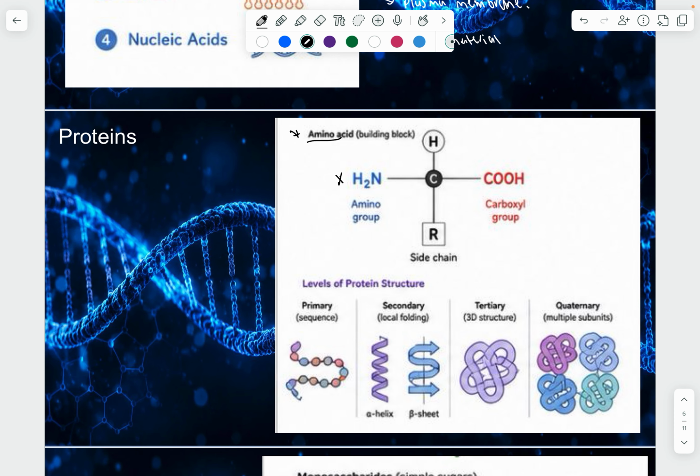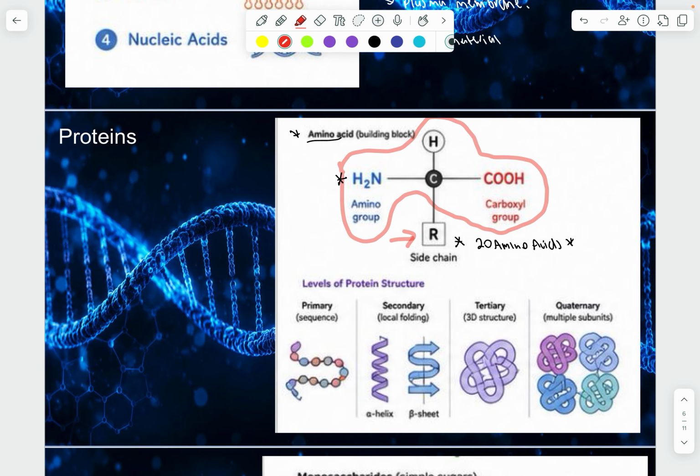You should know that there is an amino group, there's a side chain, there are 20 amino acids, so therefore you will have 20 different side chains, but the basis is the same, meaning this backbone is the same for all your amino acids, and then this is what changes. Your side chain is what changes. So if we were to look at a side chain that had an H, so say your R group was an H, that means your amino acid would be a glycine.